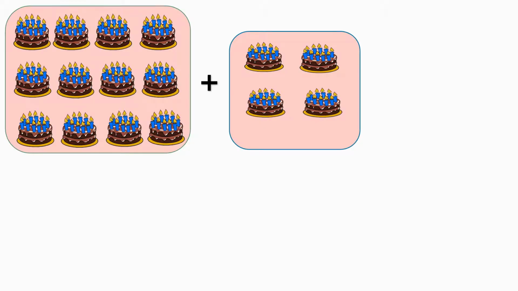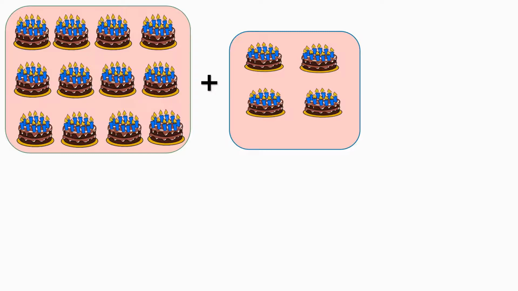Here some candles are given. Each cake has 10 candles. So total how many candles are here? Let's count. 1, 2, 3, 4, 5, 6, 7, 8, 9, 10, 11, 12. Total 12 cakes. And each cake has 10 candles.